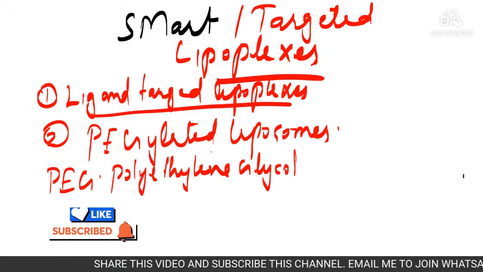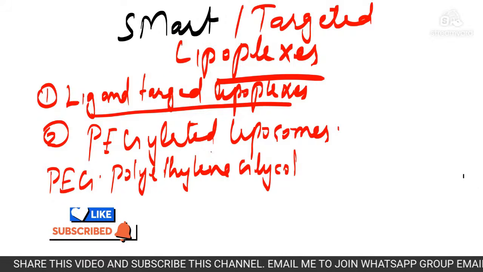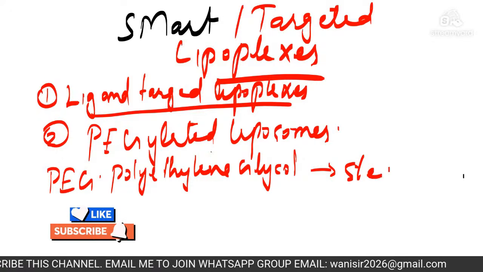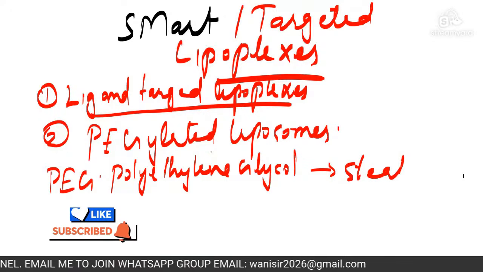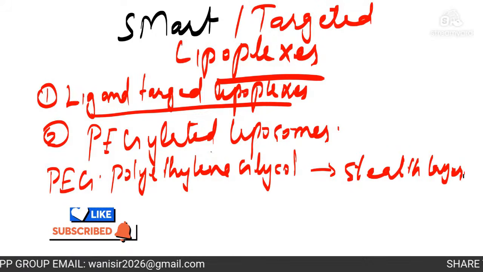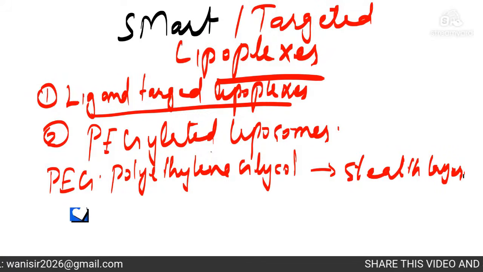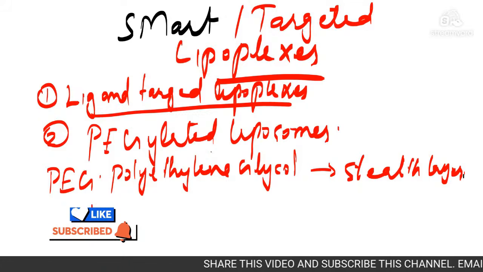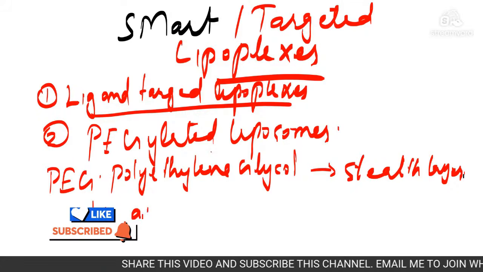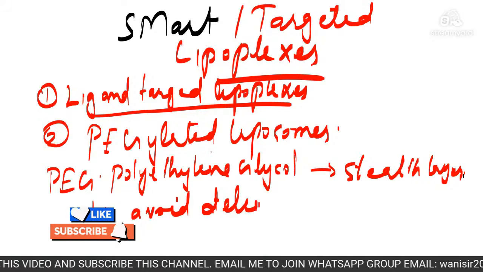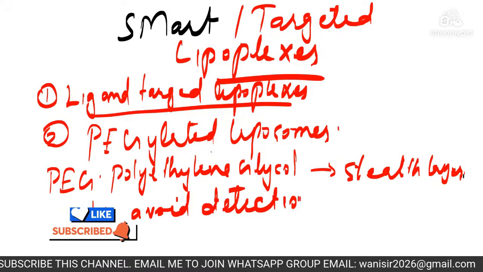It is added to the surface to form a sheath layer, and this helps the liposome avoid detection by the immune system and circulate longer in the blood, which is very useful.